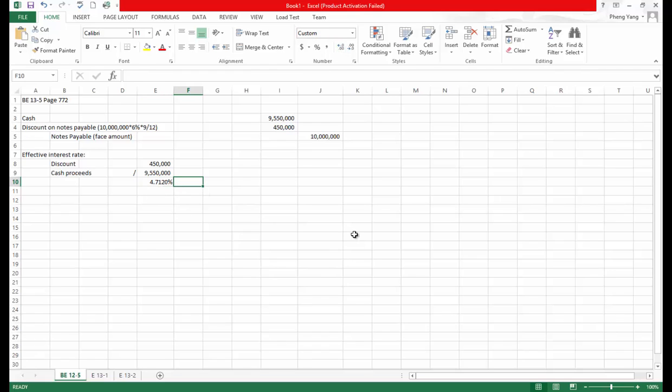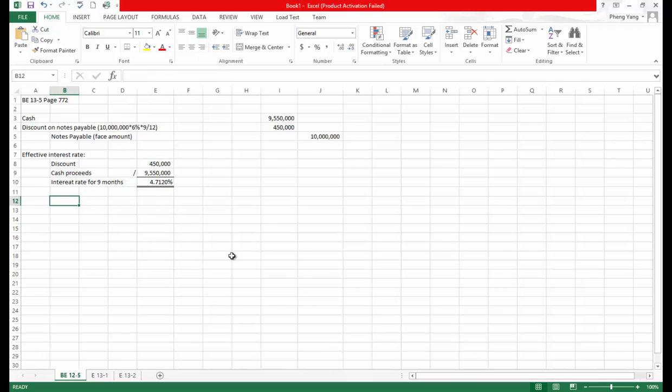So our interest rate for 9 months is 4.712%. But to find the annual effective rate, we must annualize it. So I'm going to take 4.712% and multiply it by 12 months over 9.